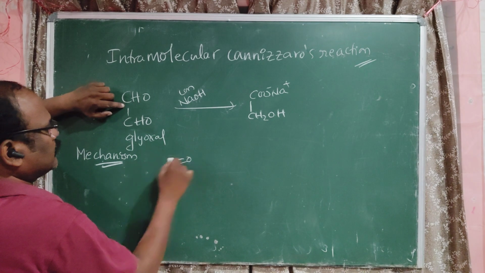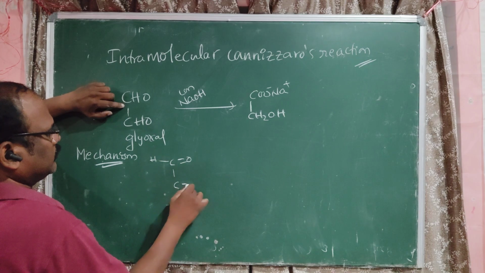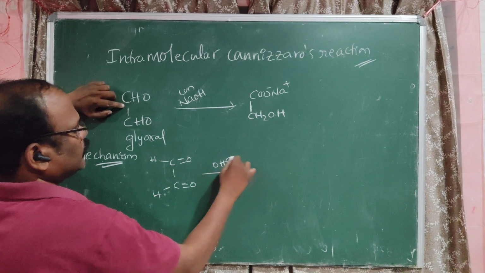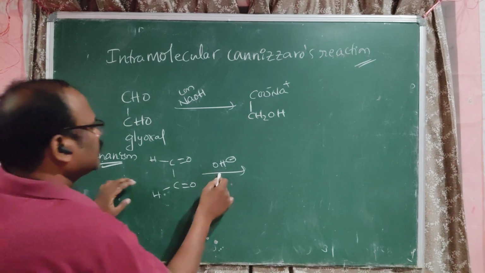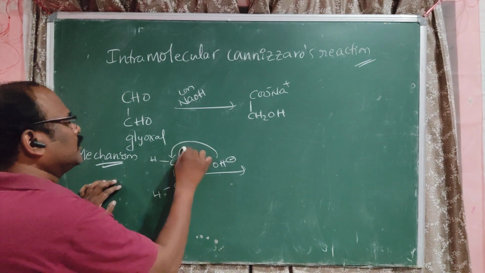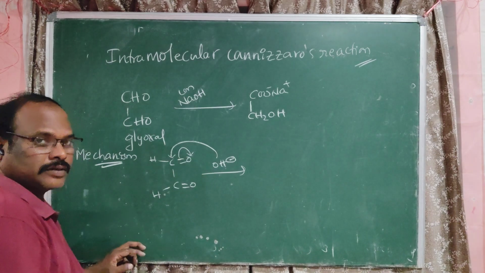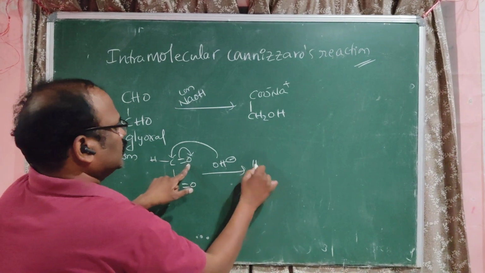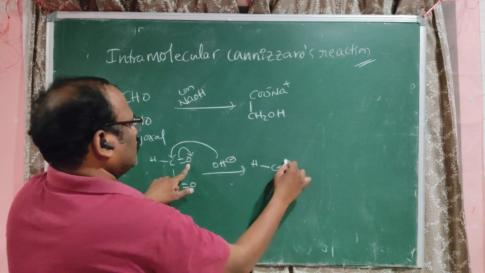Here I am writing the structure of glyoxal. In the first step, nucleophilic attack takes place on the carbonyl carbon, and these electrons move towards the more electronegative oxygen, which acquires a negative charge.